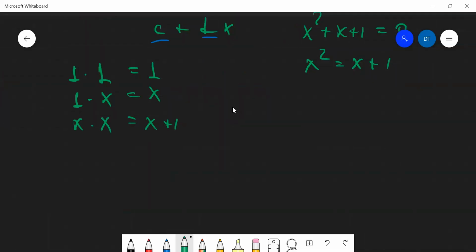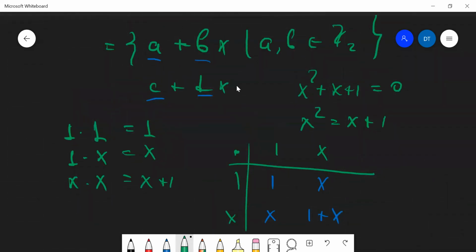And we can express this as a multiplication table. So we multiply here 1 and x, 1 and x, and we fill the table as follows. So this is the multiplication table for the field F4. And using this multiplication table, you can compute explicitly the product of these 2 elements.